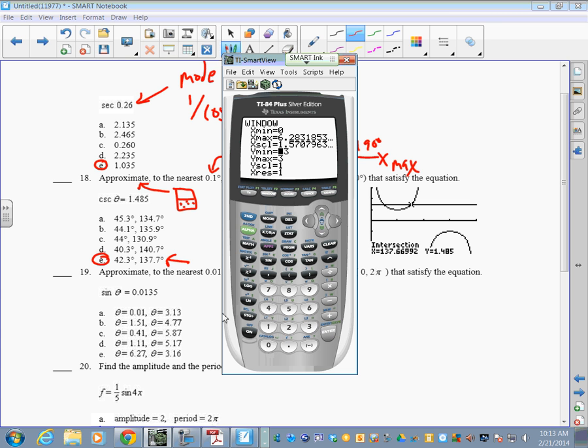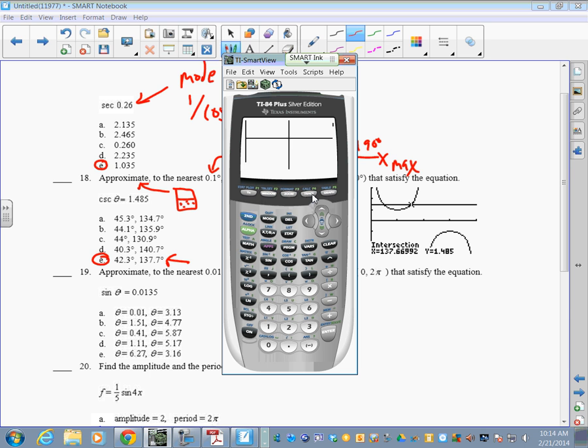Since I'm doing 0.0135, I think I'll go 0 to like 0.02. Yeah, just so I can actually see the intersections. I like to see them. Window, mode, sine of x. Oh, the other one's probably really small.